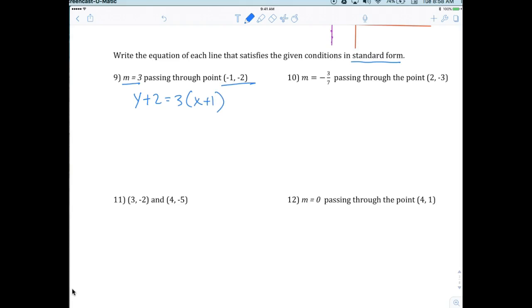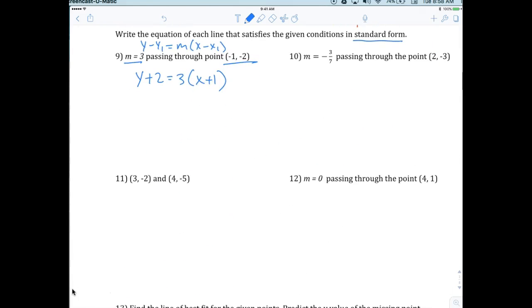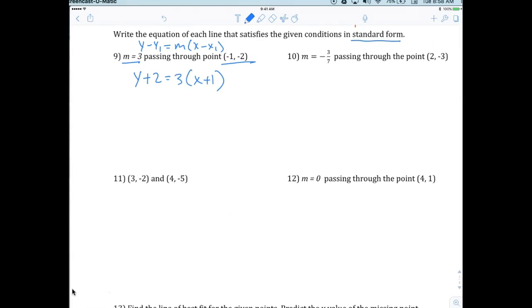Is everybody happy with that? We just used the formula y minus y1 equals m times x minus x1. We did the same thing on problem 9. Because we have a slope and a point, we put it in point slope form first, then convert it from there into the right form.